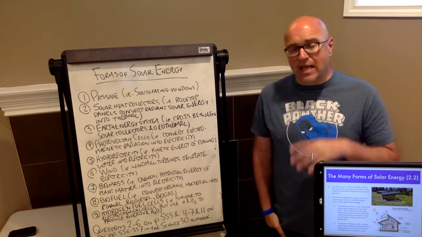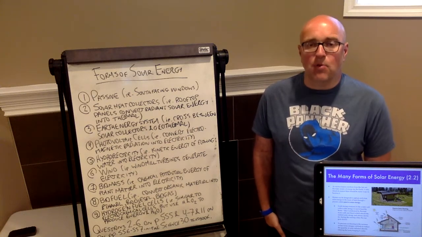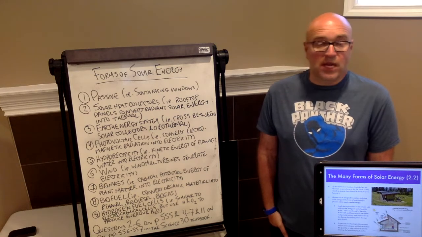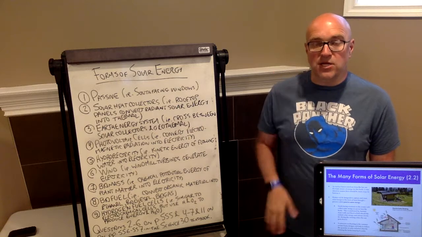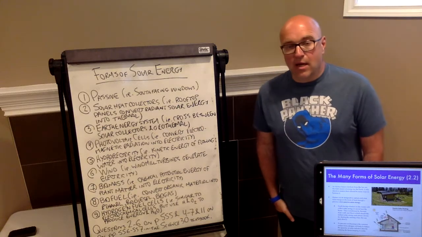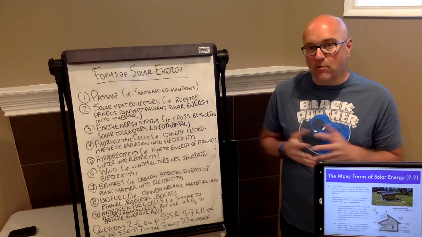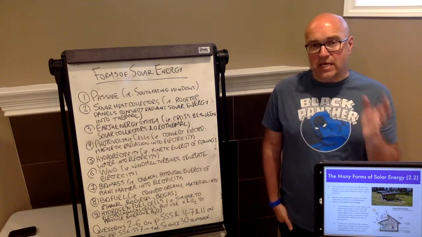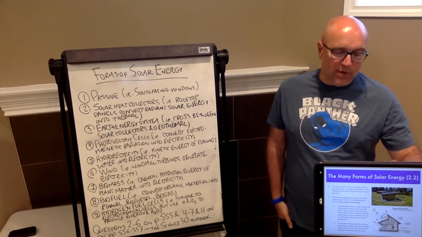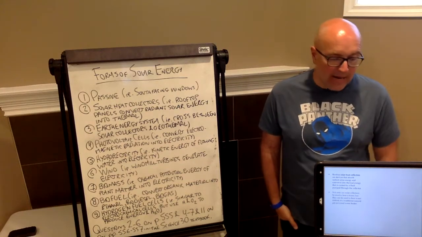So again, simple designs like that can help reduce heating costs or air conditioning costs in a dwelling by simply using that passive form of solar energy to either help heat or help keep your house cool, by proper home design.